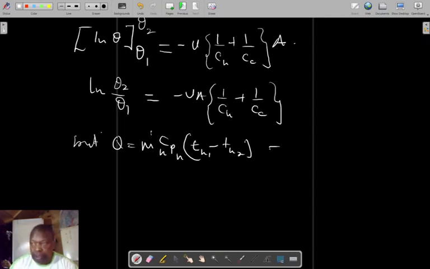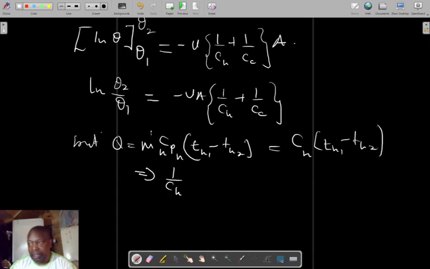So from this you can see that our 1 over CH is equal to TH1 minus TH2 divided by Q.